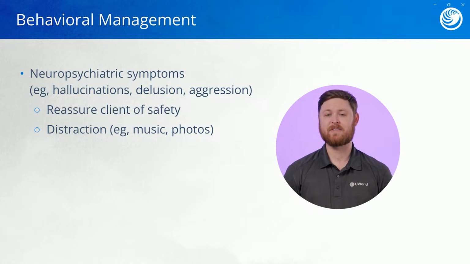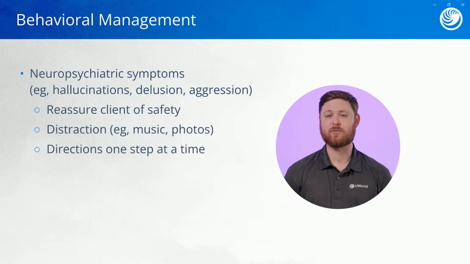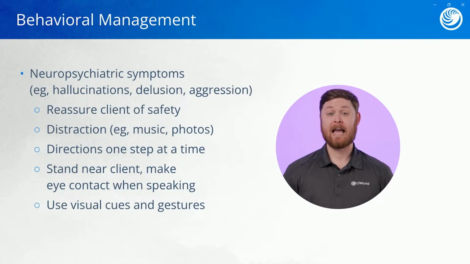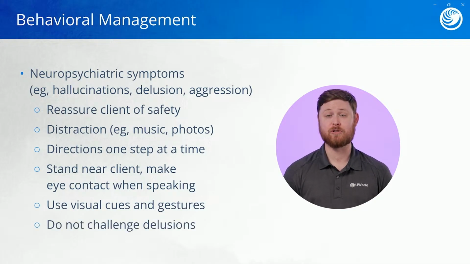We may need to give simple directions to the client so it's easier for them to follow what we're asking them to do. For communication purposes, we should stand near the client, make sure we're making eye contact with them, and we may need to use visual cues and gestures. And again, because significant cognitive function can develop, we do not want to challenge these clients' delusions, as they can become frustrated, irritable, and angry, and may lash out at staff.